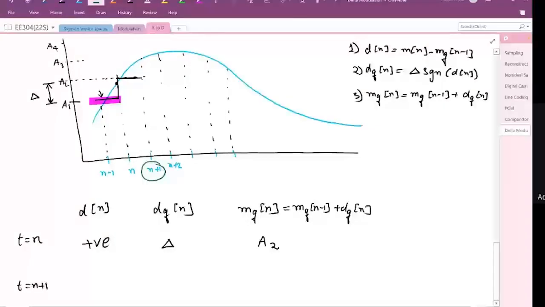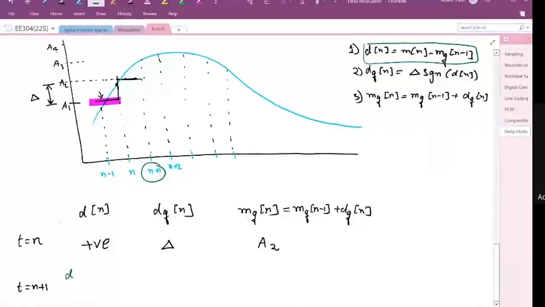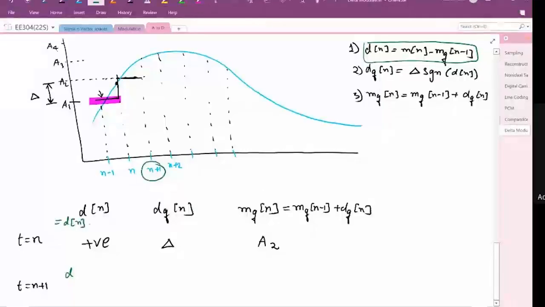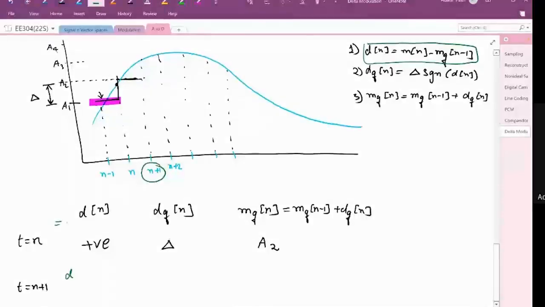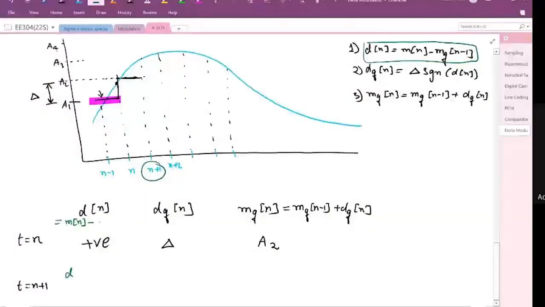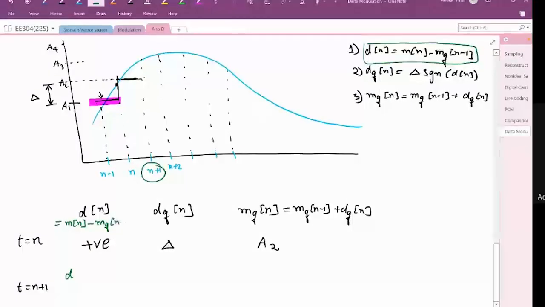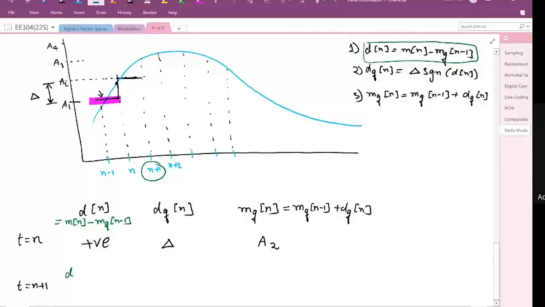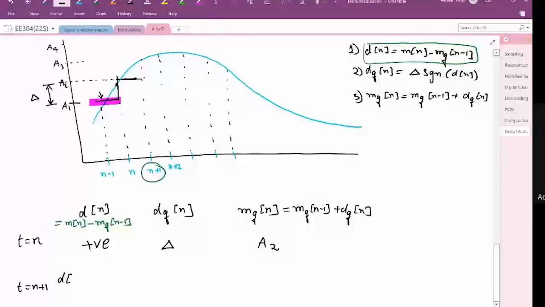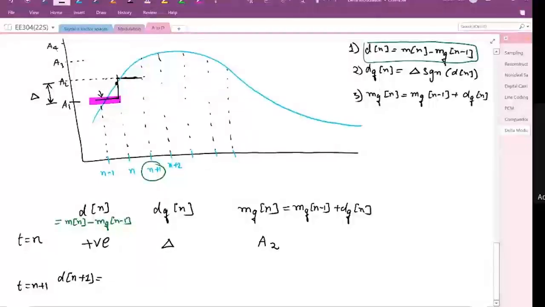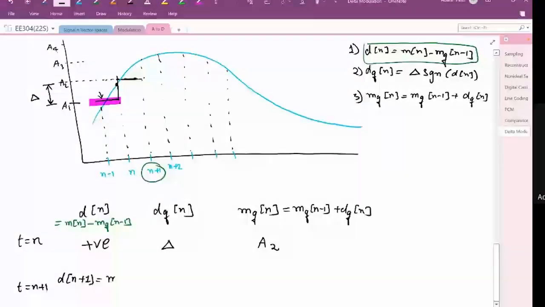Let me write these things so that this becomes easier. dn plus 1 is defined as mn plus 1 minus mqn.